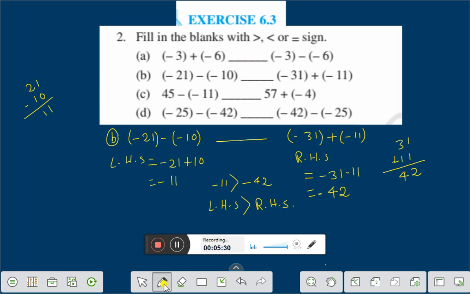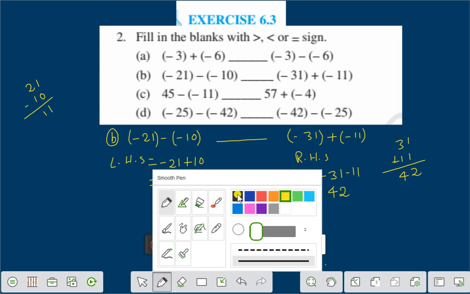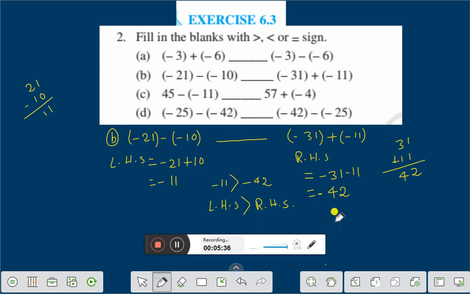Therefore, in question number B, we can say that left hand side is greater than right hand side, right? This is question number B.